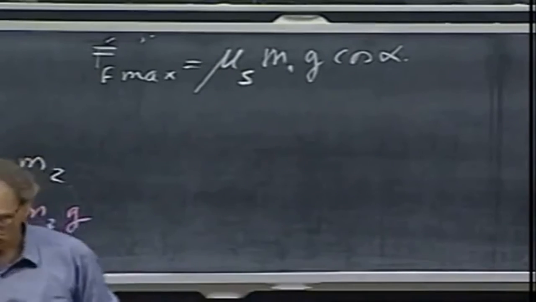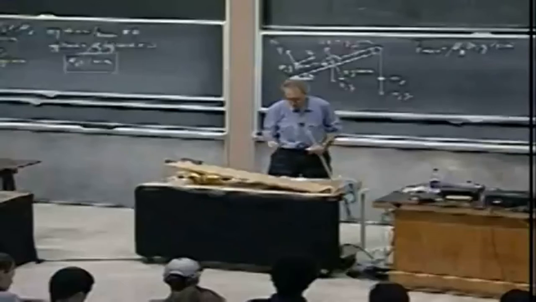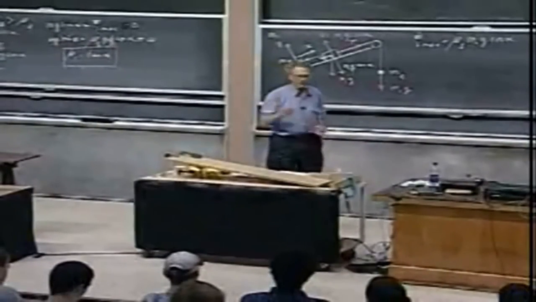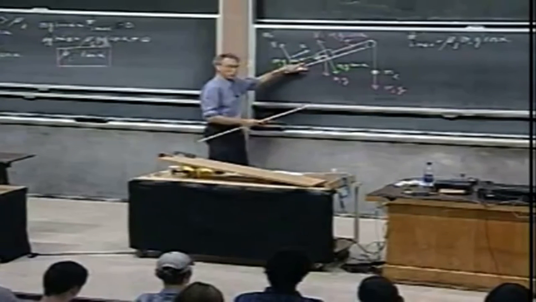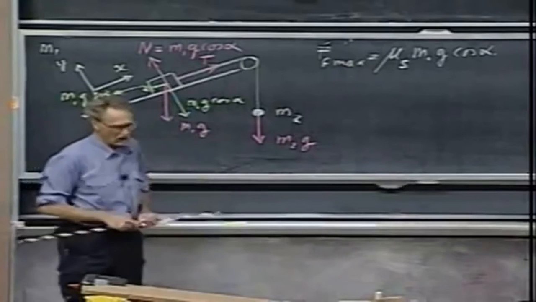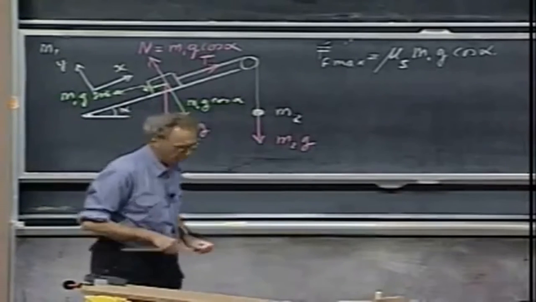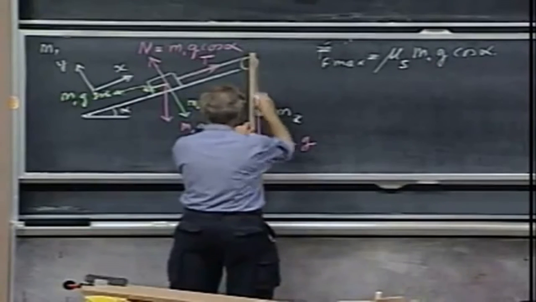So now, if I want to deal with this, I have to look at three completely different situations. Acceleration in this direction, in which the friction is pointing here. Acceleration in this direction, in which the friction is pointing there, or no acceleration at all. There's also, of course, the tension here.